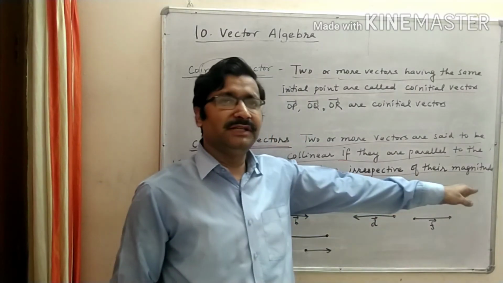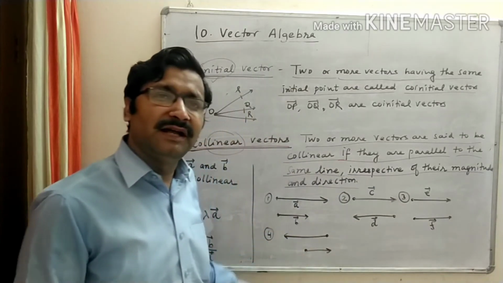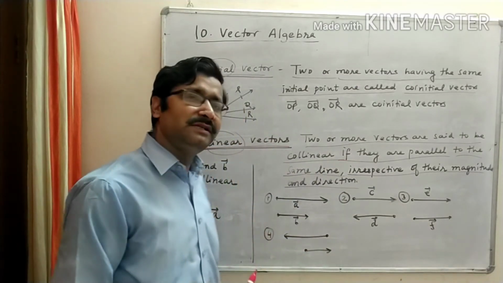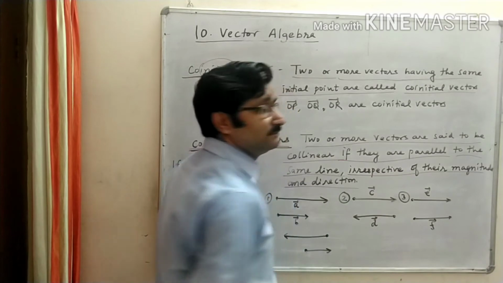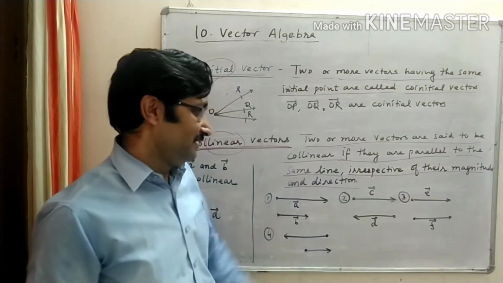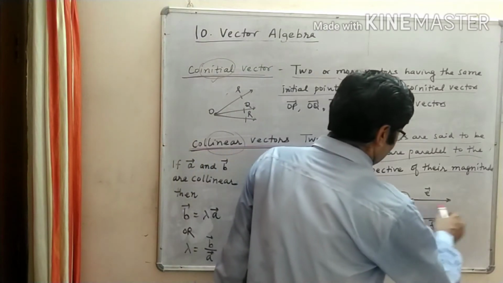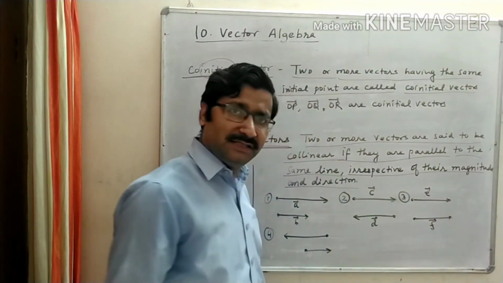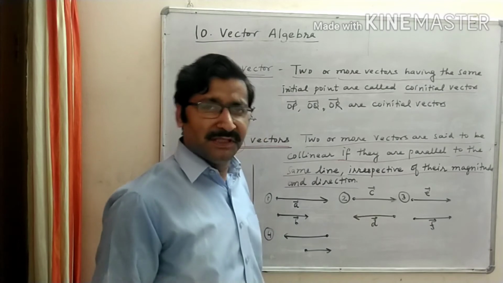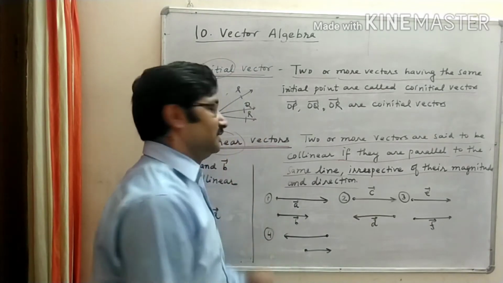This is east direction, this is west direction. Magnitude is same here. Next case, the direction is same, magnitude is same, then also it is collinear.